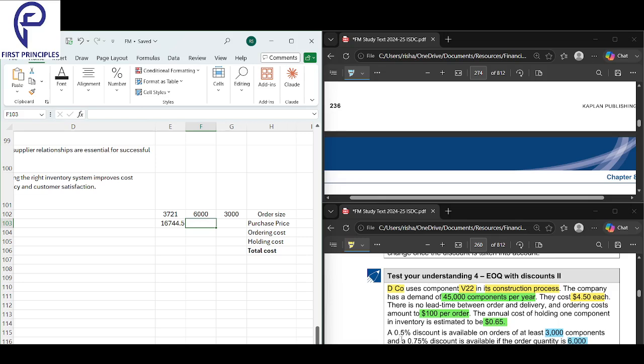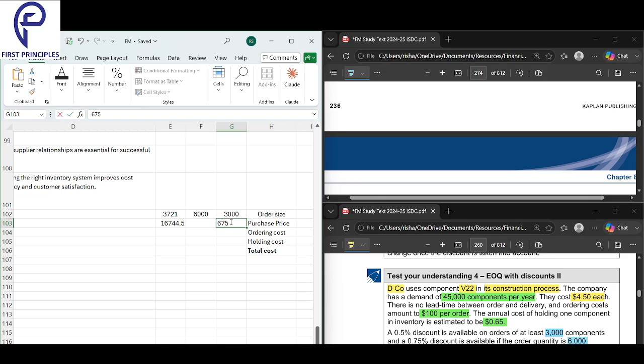Into 6,000, 13,500. No, sorry, my bad. For 6,000 we are getting 0.75%, and for 3,000 it will be 4.50 into 0.5. How much? 2.25. Into 3,000 components, 6,750.